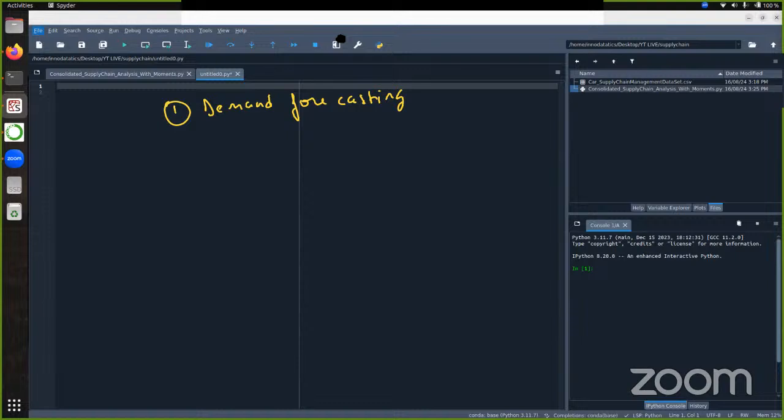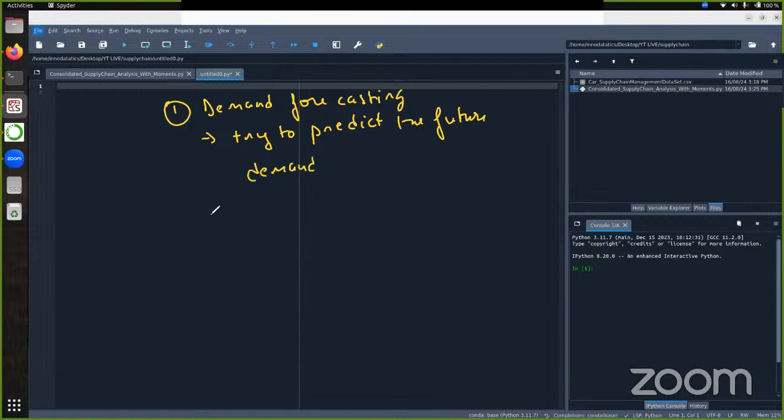The accuracy of our demand forecasting is very critical because it will allow us to plan inventory levels, production schedules, and procurement strategies. So here we are going to try to predict future demand.